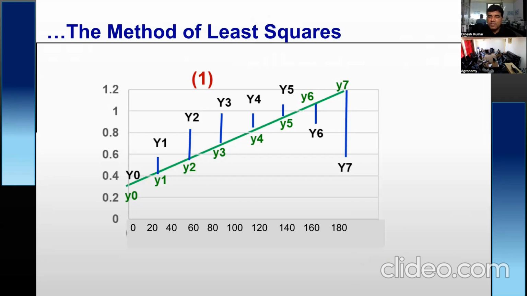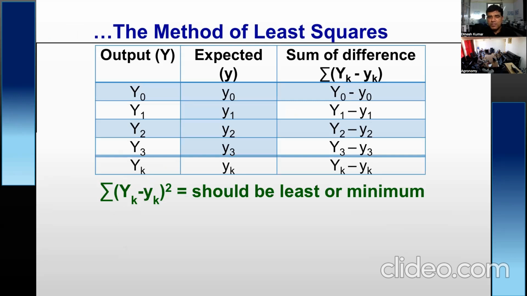Some values are above the predicted value, so you get positive differences, and some values of actual data are below the line, so the difference will be negative. So it is better to square these values and make the total. The line which gives the least total sum of squares is the best fit line. So today you will see how it is done.